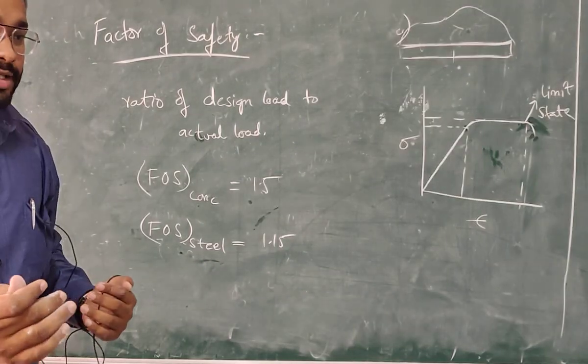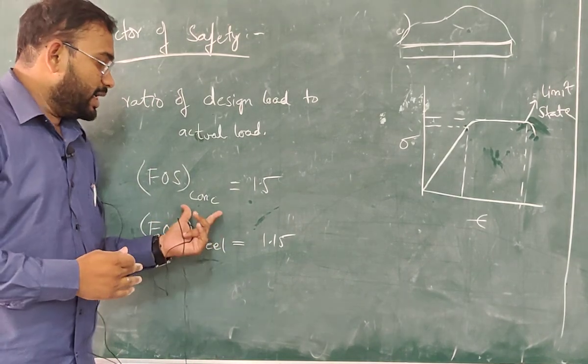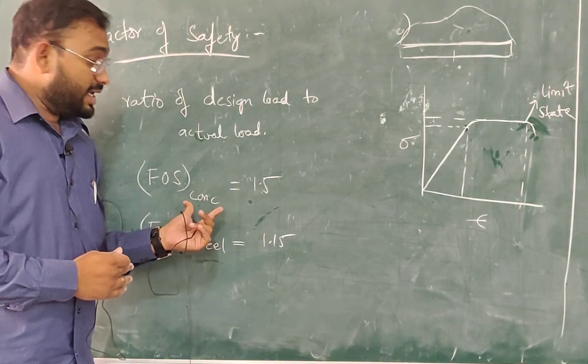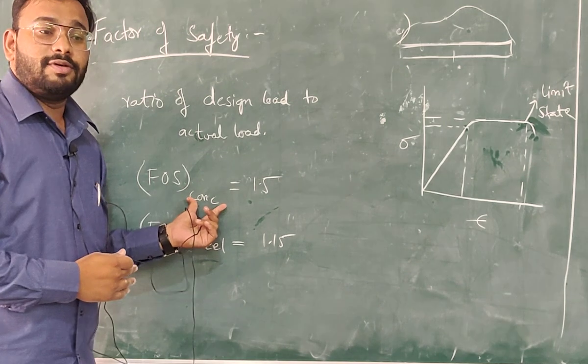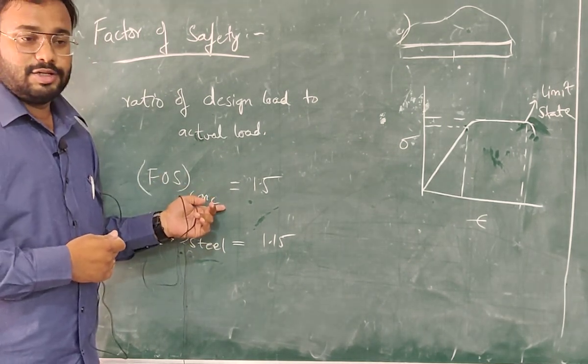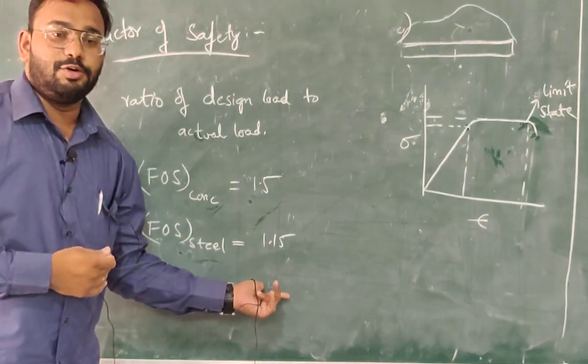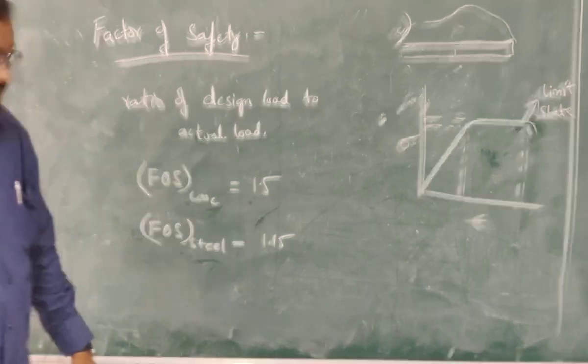You will mix cement, fine aggregate and coarse aggregate to make concrete mix. Now there are more chances of human errors in concrete. So the factor of safety for concrete is more compared to steel. Understood?